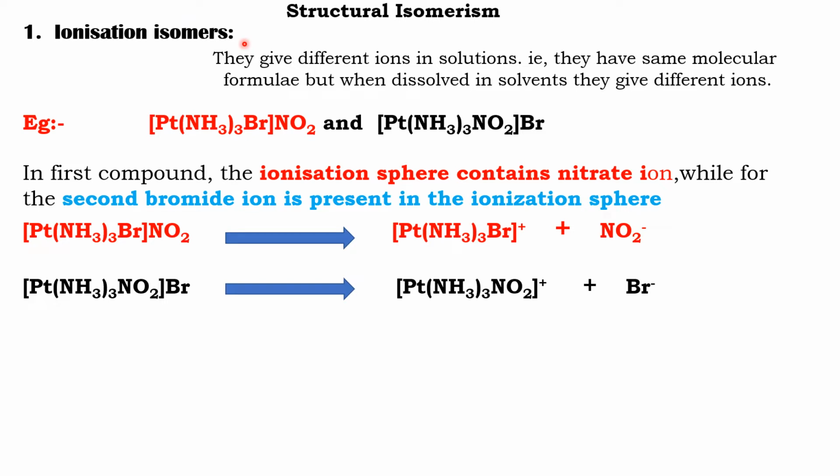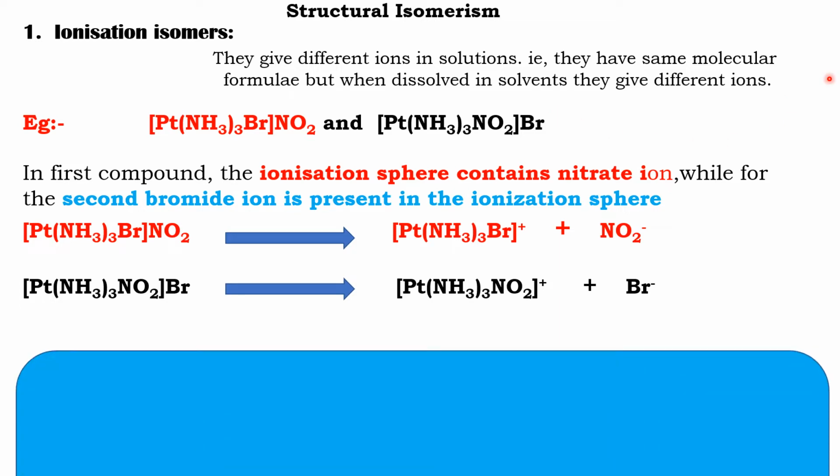In ionization isomerism, the isomers give different ions in solutions. That means when I take a particular coordination compound and dissolve it in water, it gives different ions in its aqueous solution. Their molecular formula may be the same, but in solvents they give different ions.